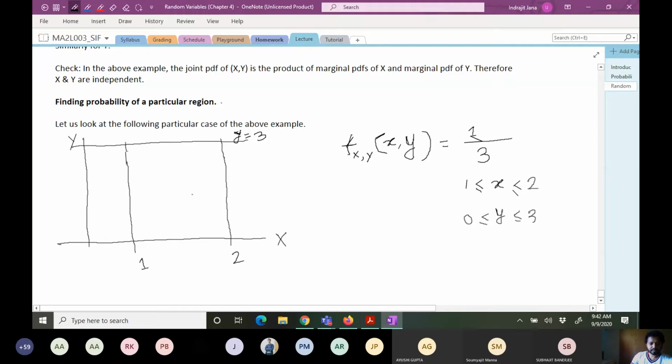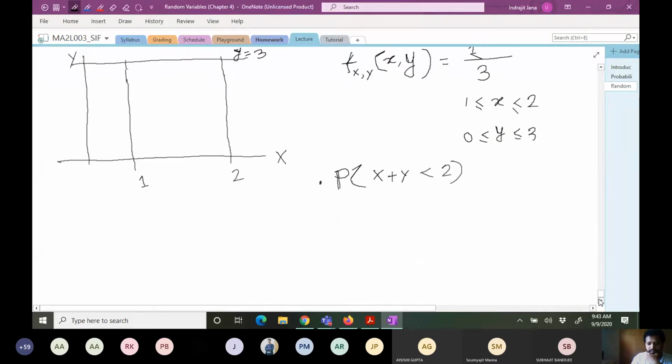Now I want to find the probability that x plus y is less than 2. How do we find this? Let us draw a line which is x plus y equal to 2.